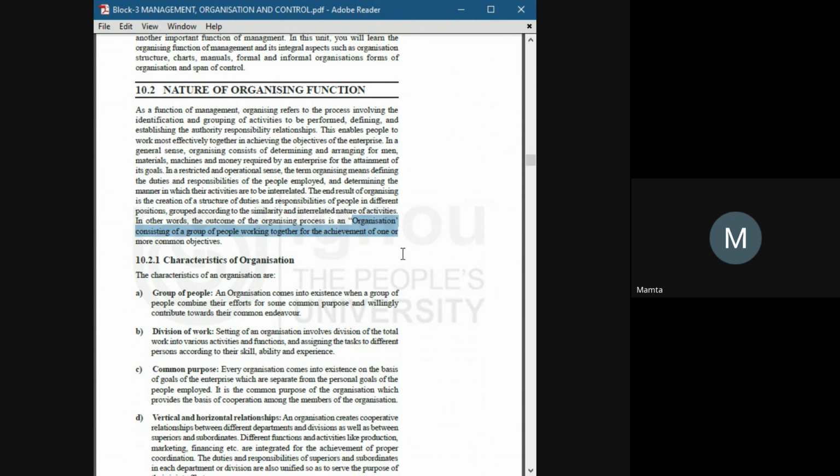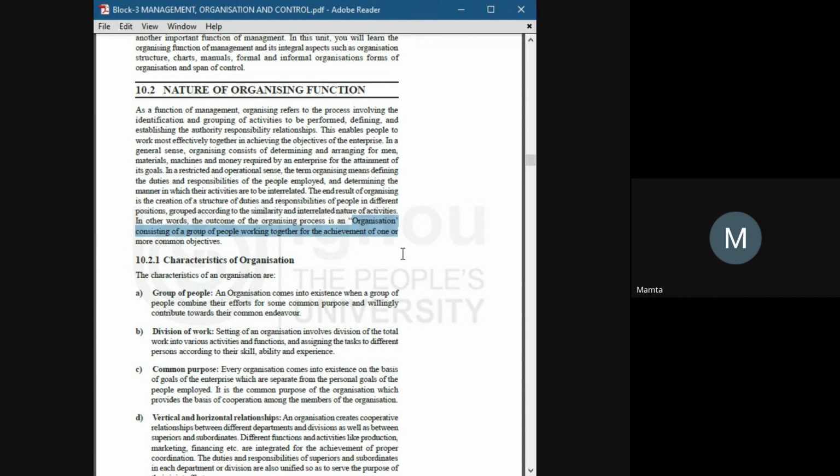Now we have created a plan. Now we have to follow it up. For that plan, we need to organize. We need to group people according to our plan. The people who are good at finance, we will put in the financing department. The people who are good at sales, we will put in the sales department.